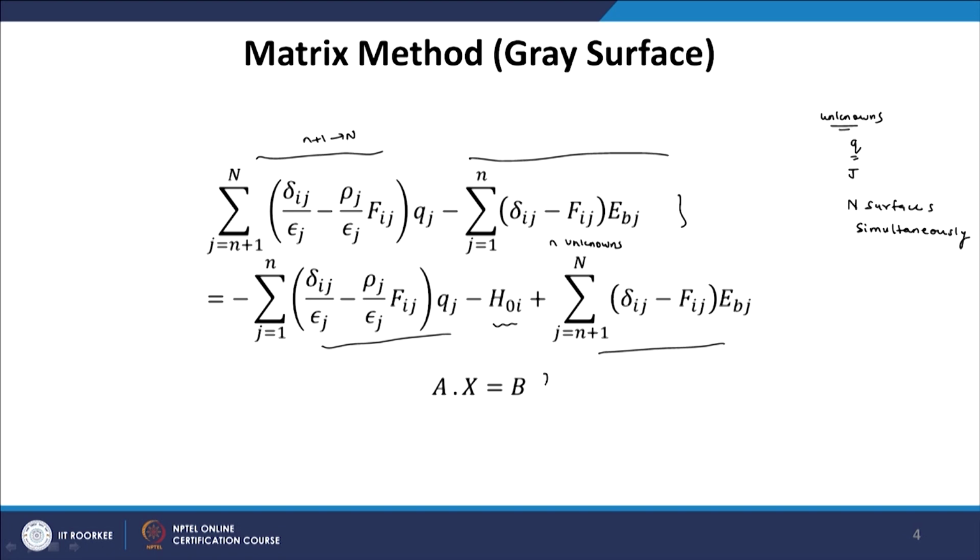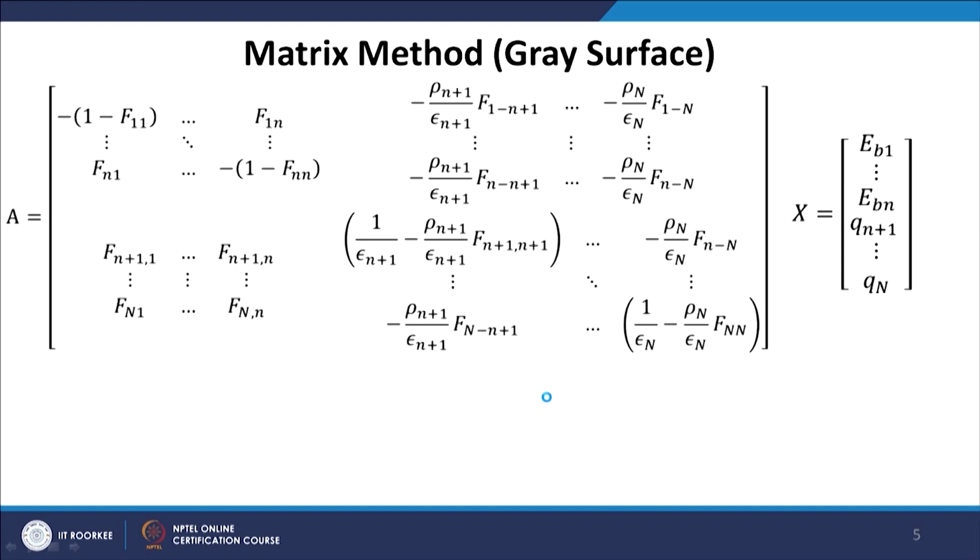So, again we write this as a system of linear equations Ax is equal to b, but this has a little expanded matrix. The matrix looks like this. This part of the matrix contains the view factors that relate to the MSC power.